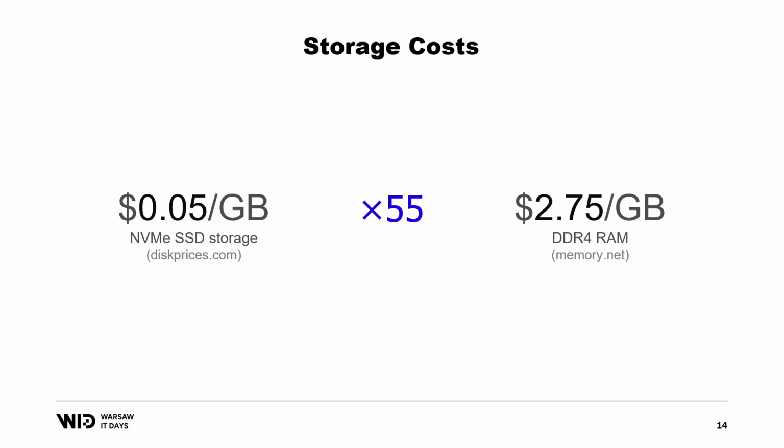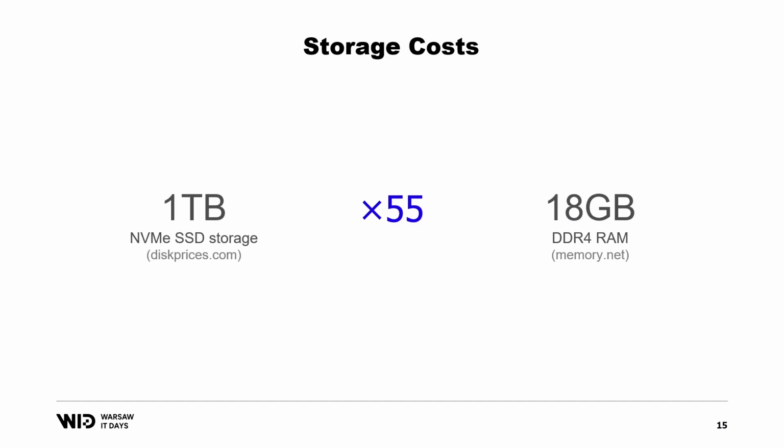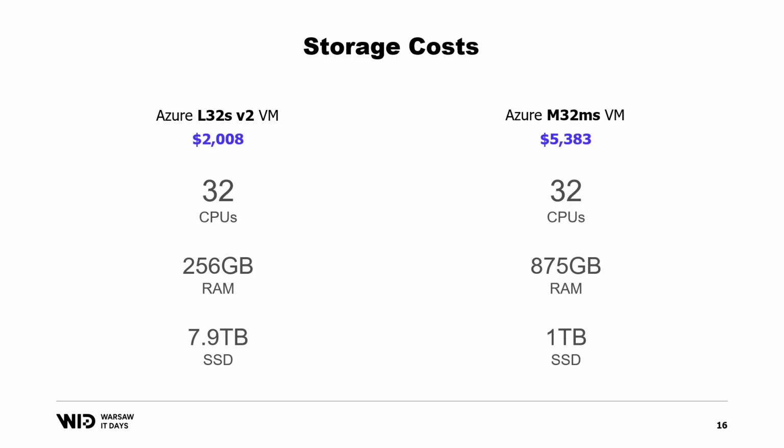Another way to look at this is that for the budget it takes to buy 18 gigabytes of memory, you would have enough to pay for 1 terabyte of SSD storage. What about cloud offerings? Well, taking the Microsoft Cloud as an example, on the left is the L32S, part of a series of virtual machines optimized for storage.